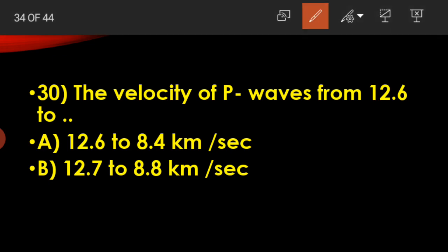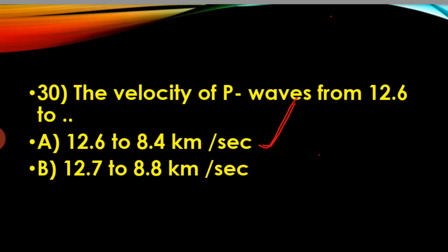In the core, the velocity of P waves falls from 12.6 to 8.4 kilometers per second.